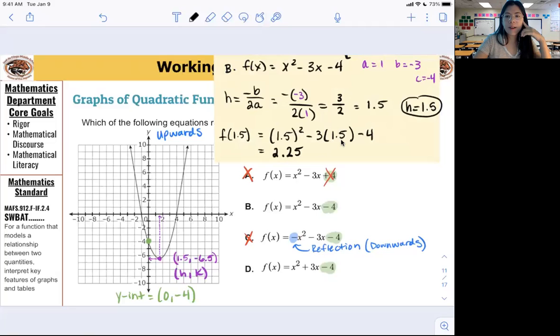Three times 1.5. What do I get there? Good, 4.5. Good. And now we just put it all in the calculator. 2.25 minus 4.5 minus 4. What do I get?